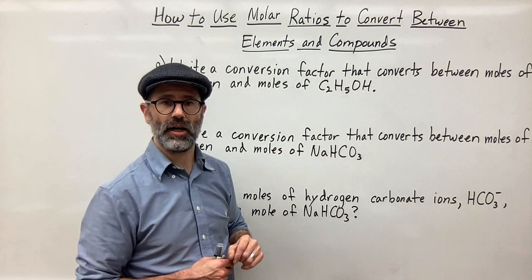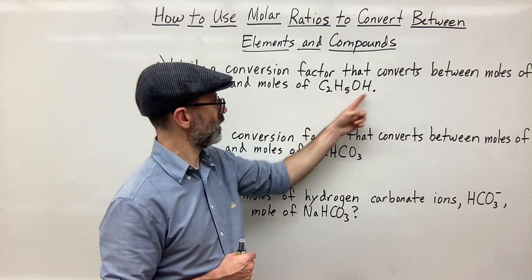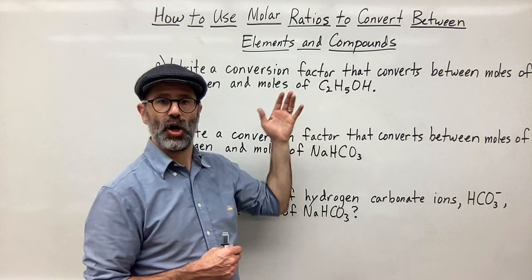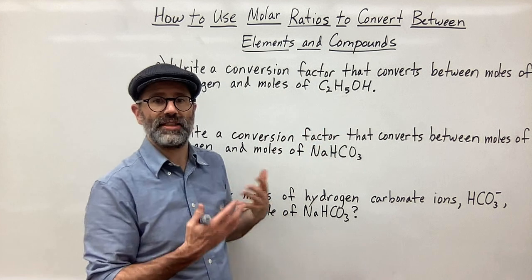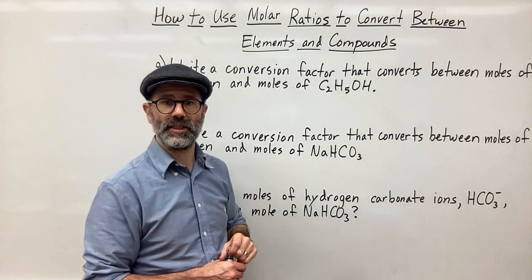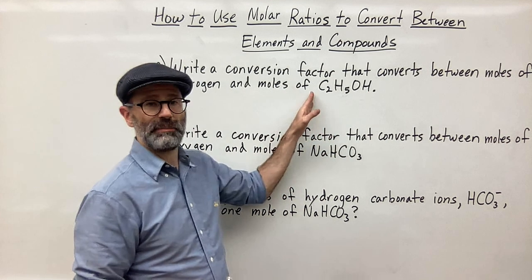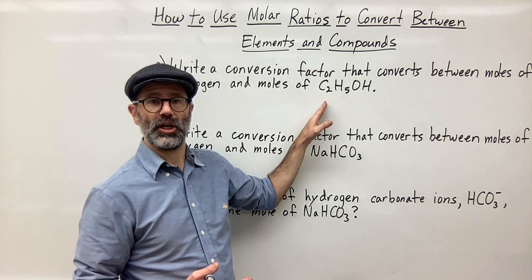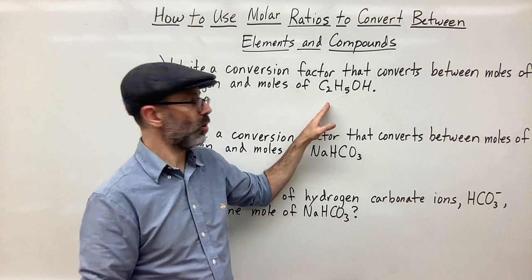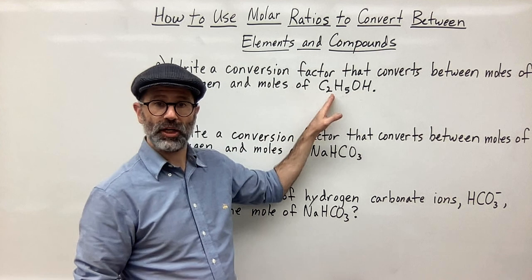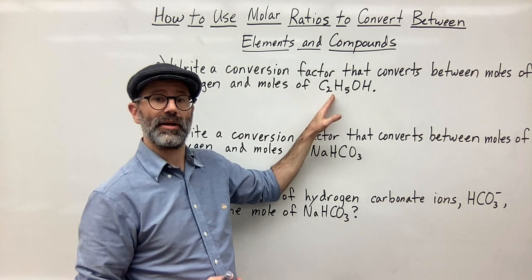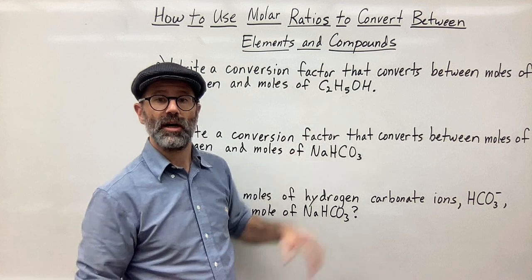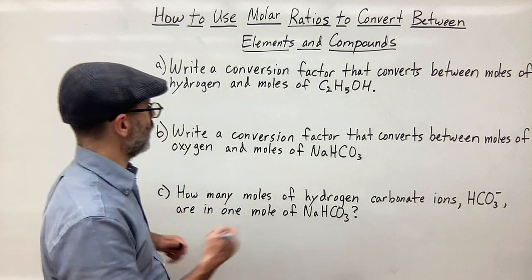For every 2 of these, I get 12 hydrogens. That's a 2 to 12 ratio, which still simplifies to a 1-to-6 ratio. It doesn't matter how many of these I have, it's going to be the same ratio. So if I have 1 mole of these molecules, then I'm going to have 6 moles of hydrogen atoms. So that is the ratio.